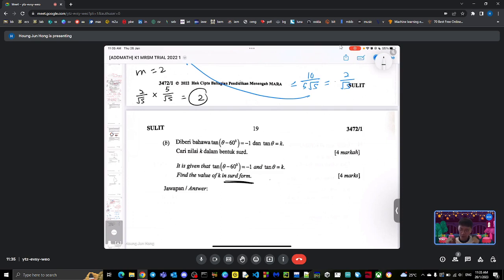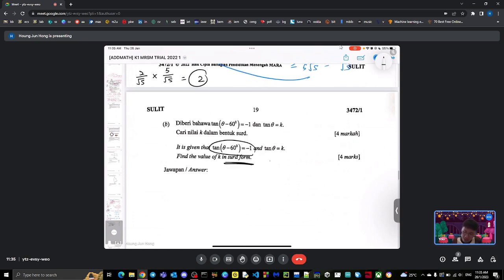Based on this equation, tangent of theta minus 60 equals -1, you should be able to find a formula. What is the formula for tangent of a difference? Actually I can't remember, and I don't have any formula sheet. Is it given in the question?